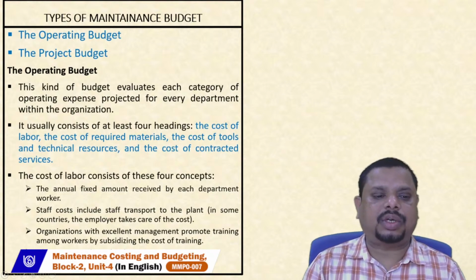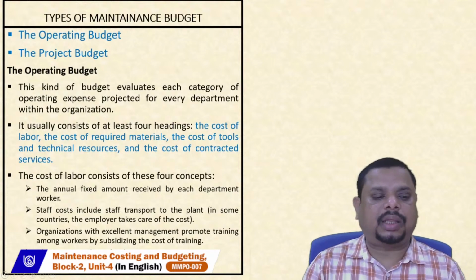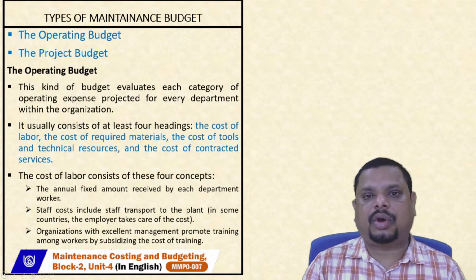Then staff cost includes staff transport to the plant. In some countries, the employer takes care of the cost. Then organizations with excellent management promote training among workers by subsidizing the cost of trainings. And the last one is obligatory social cost for the organization. So these four costs are included in the cost of labor.